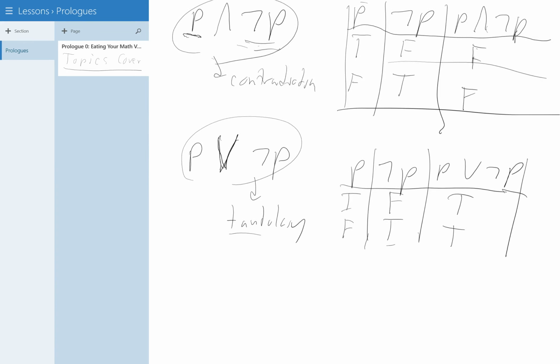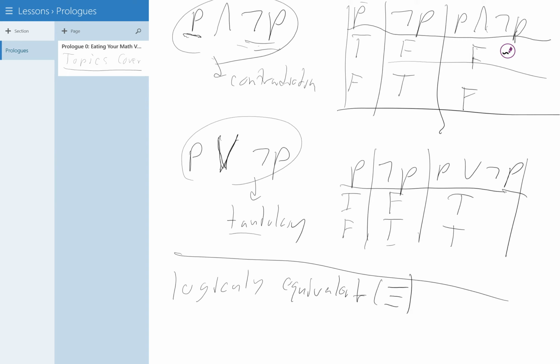Cool. Then there's this definition called logically equivalent. Two statements are logically equivalent if their truth tables are the same.